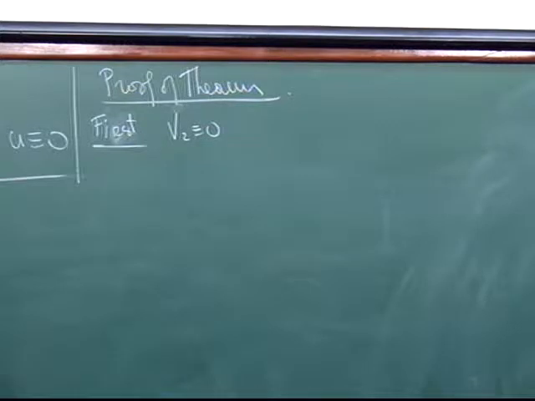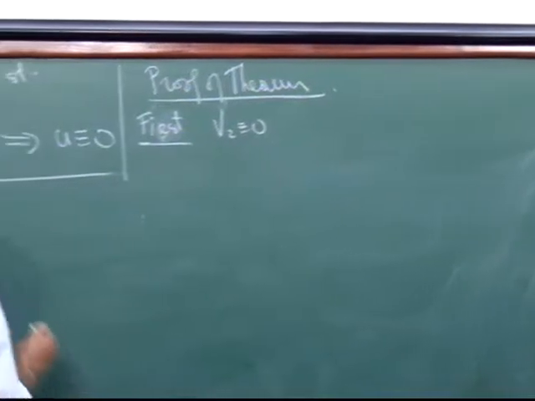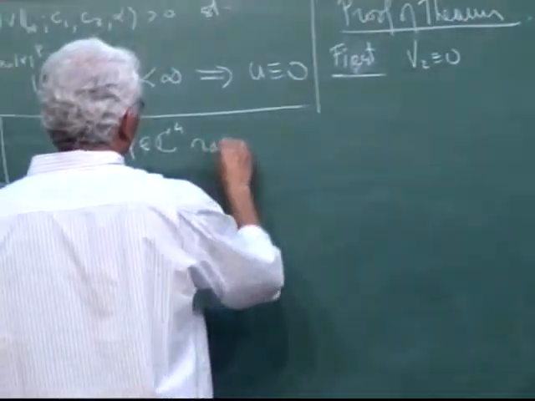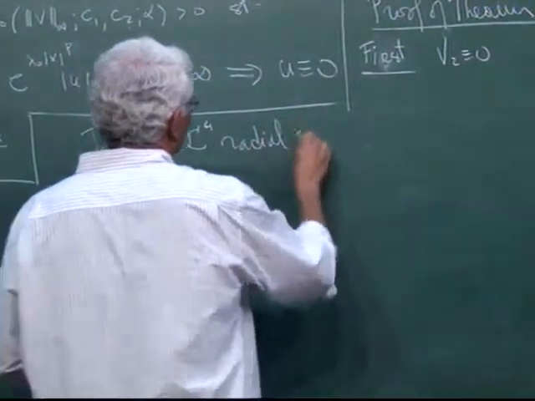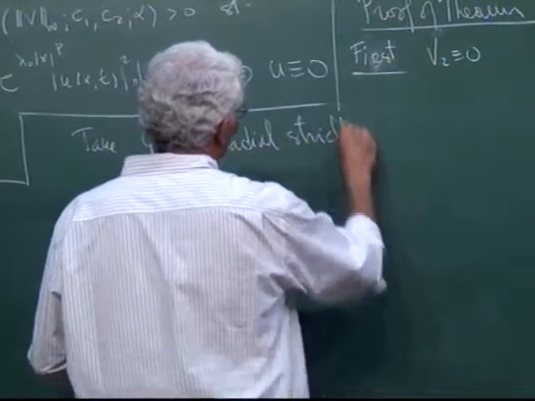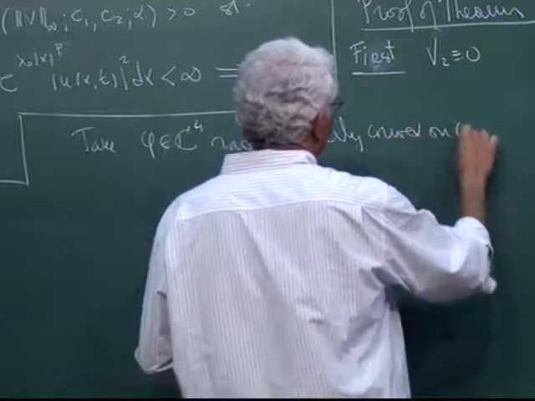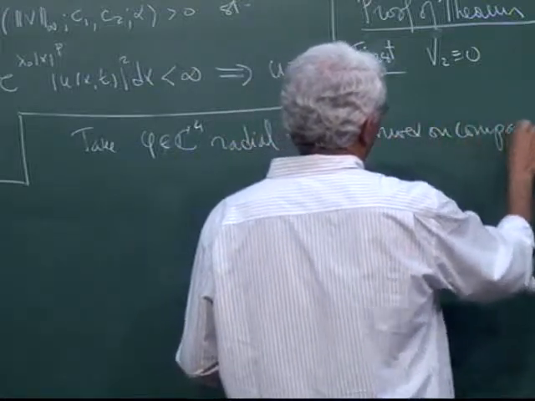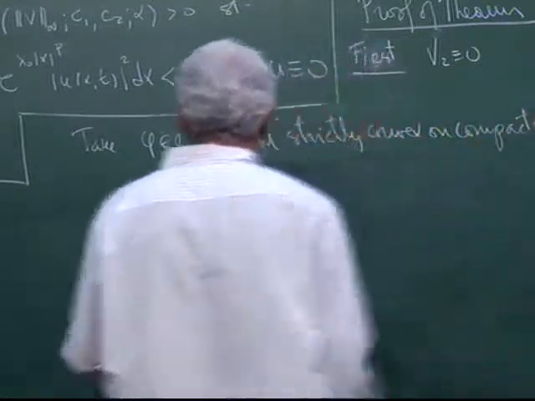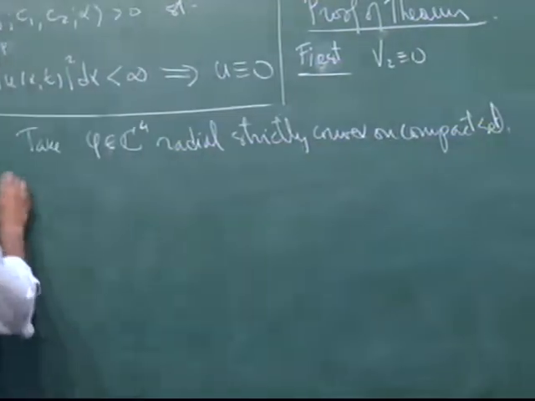phi, a function that satisfies the following. It's a C4 function, is radial, strictly convex on compact sets, such that it has the following property.